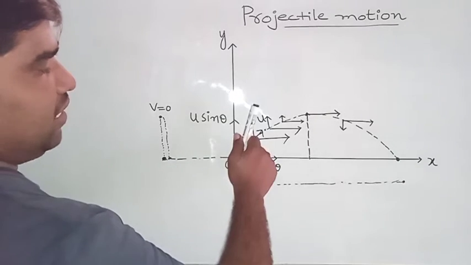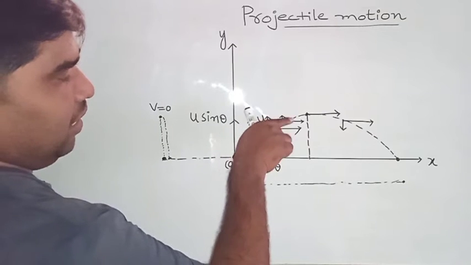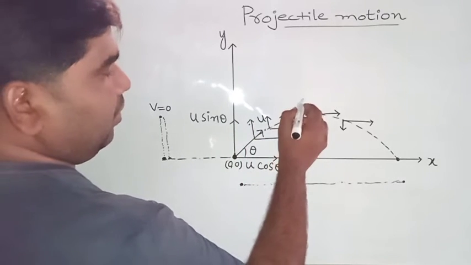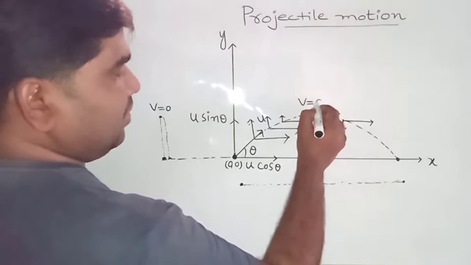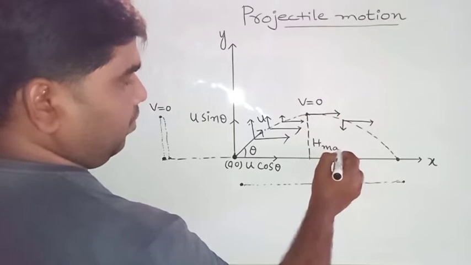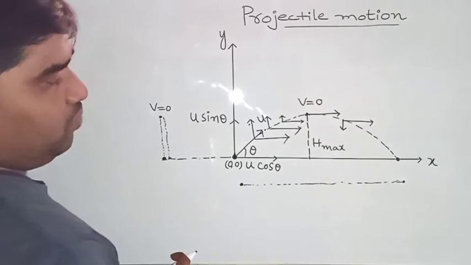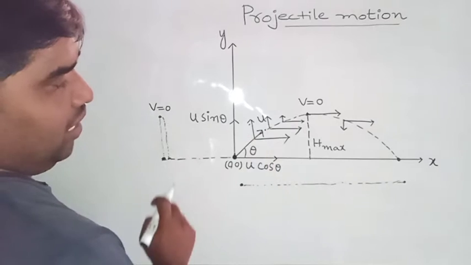When it moves in the upward direction, due to the gravitational pull, the velocity is decreasing. At the maximum height, the velocity becomes 0. This is called H maximum. The maximum height attained by the object is called the maximum height.